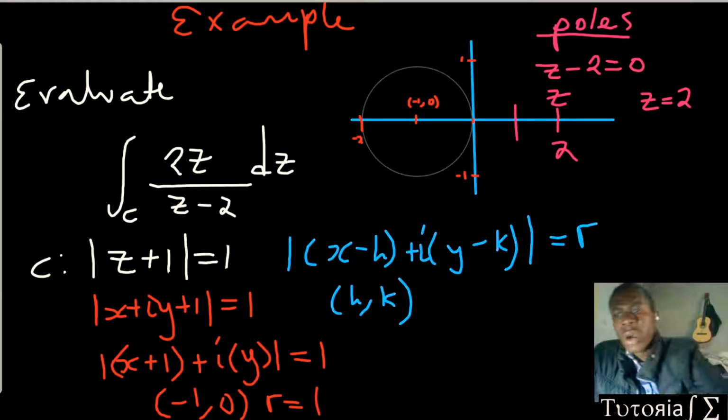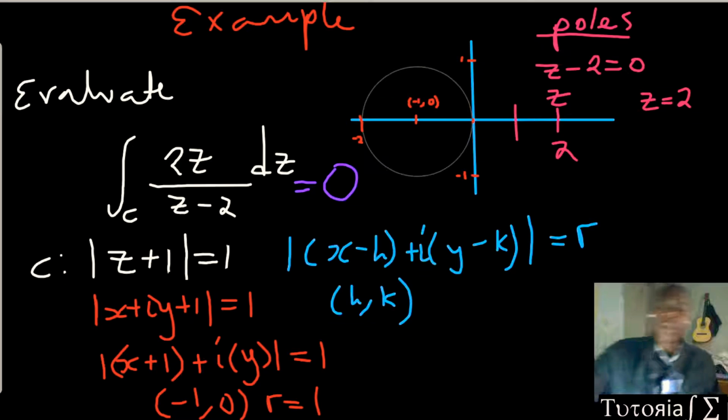So since this function, despite it not being analytic at z equals 2 here, is analytic everywhere in this region, then the integral will be equal to 0. And you are done solving.